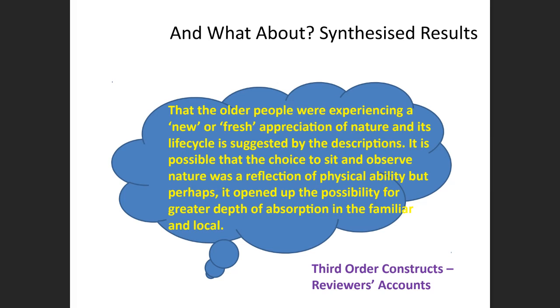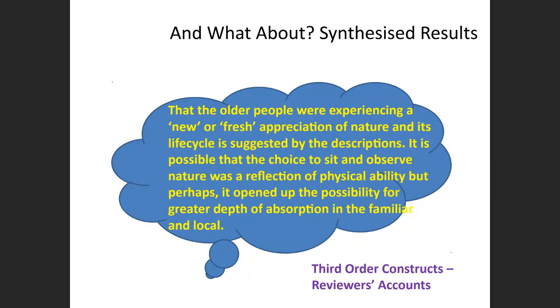And of course, the natural follow-on from having first-order constructs from the participants and second-order constructs from the authors is for the reviewer to superimpose third-order constructs, which are their accounts.